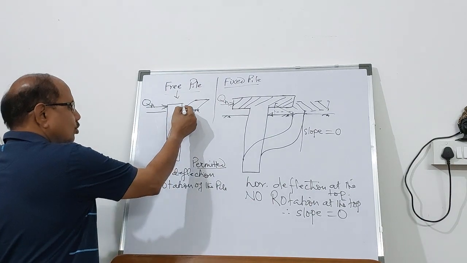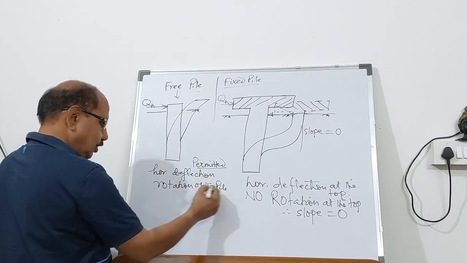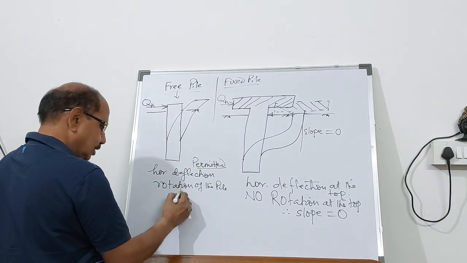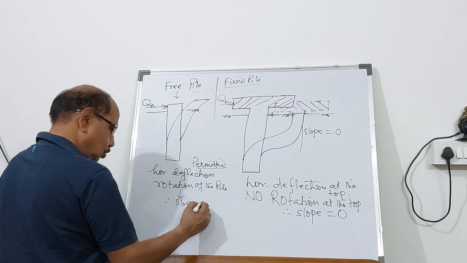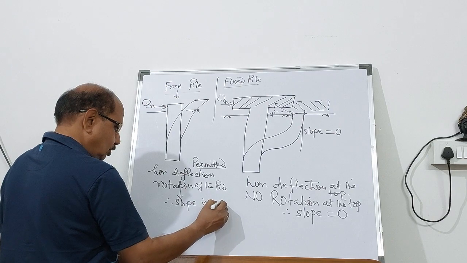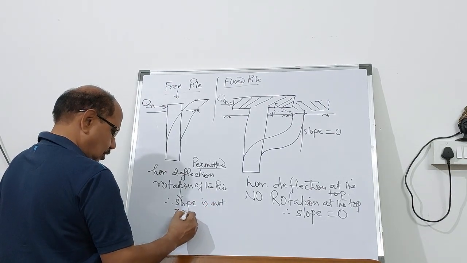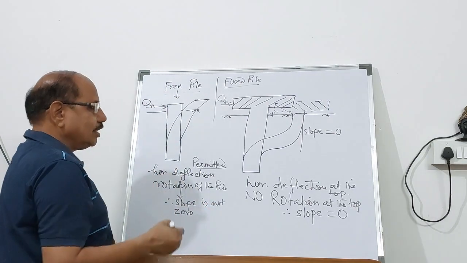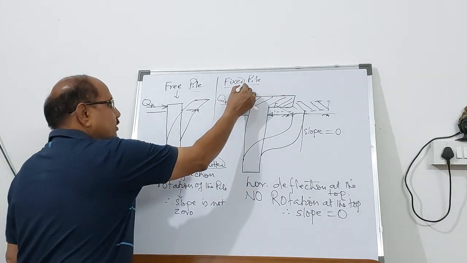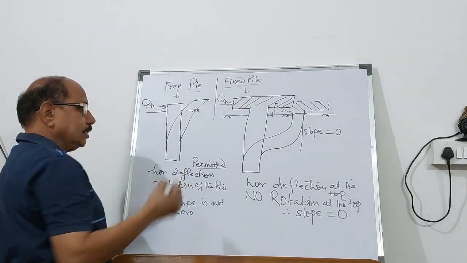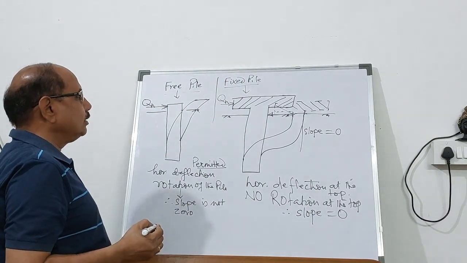But here the slope is not 0. Rotation is permitted, and therefore slope is not 0. It's going to change across the length of the pile. So that's the basic difference between fixed pile and the free-headed pile.